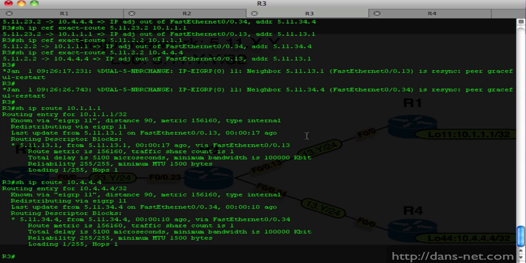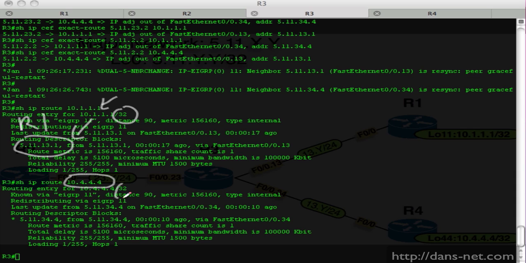We have separate /32 routes for both R1's loopback 11 pointing to R1 and R4's loopback 44, a /32 route pointing to R4.